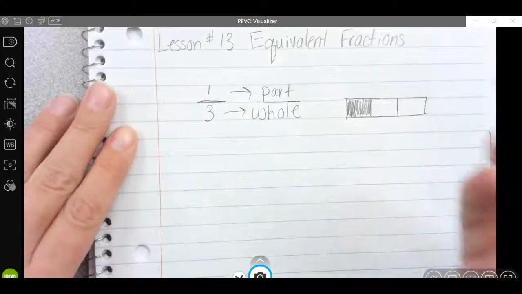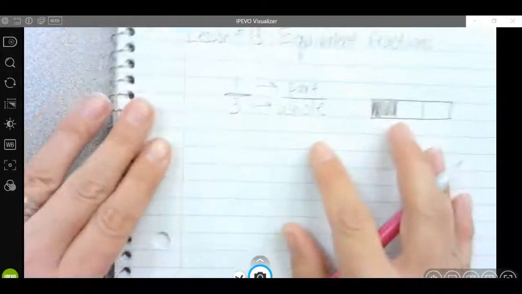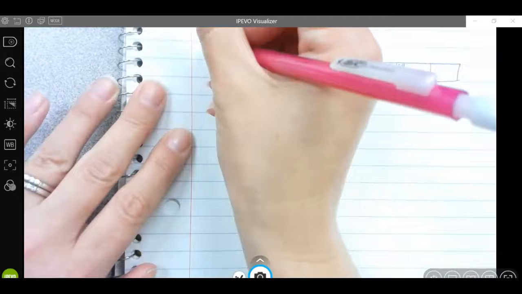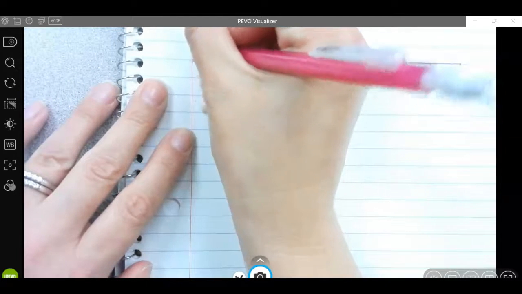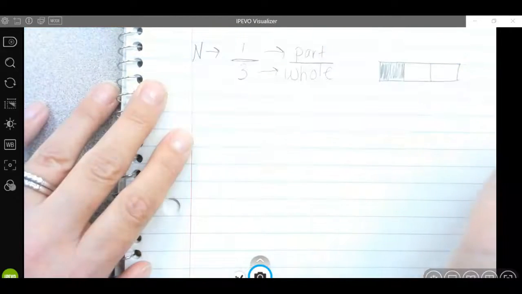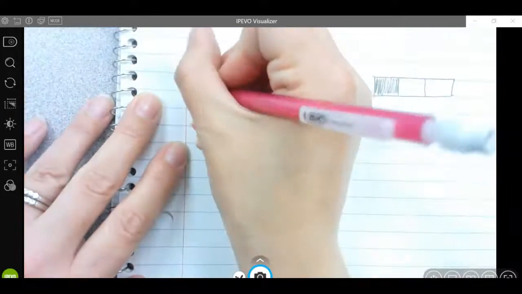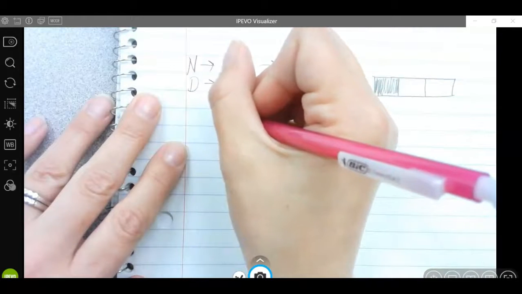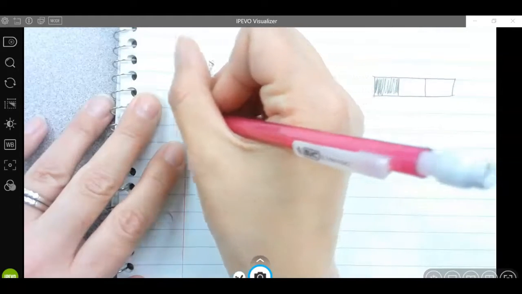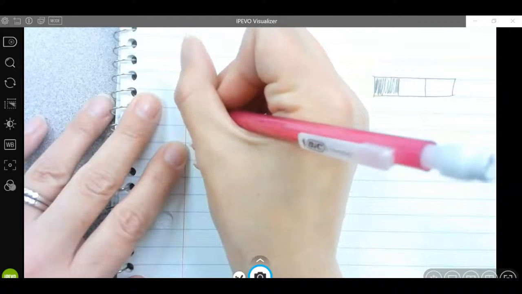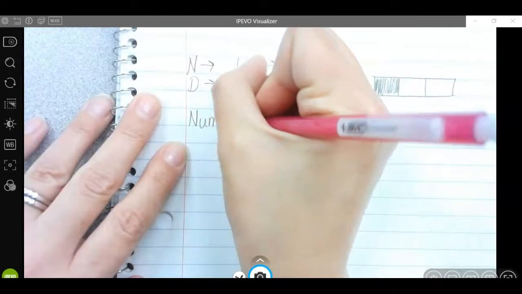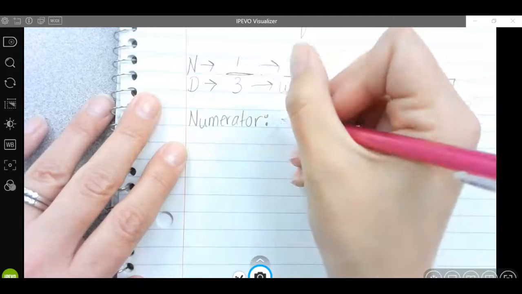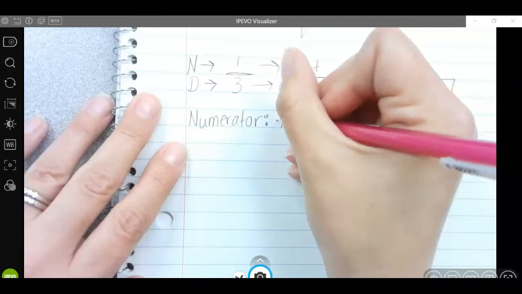Okay? Another part about these fractions, again, I'll write it right here. I'm going to write N. That stands for numerator. D stands for denominator. So numerator and denominator. So here's some vocabulary. Numerator means the top number in a fraction.